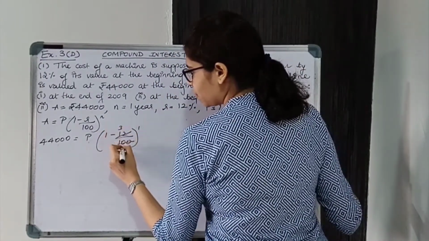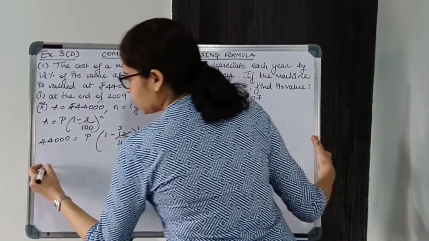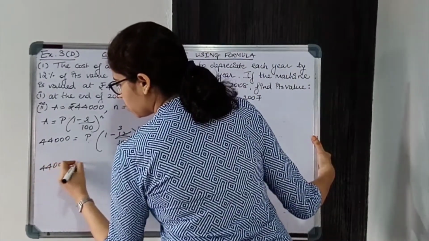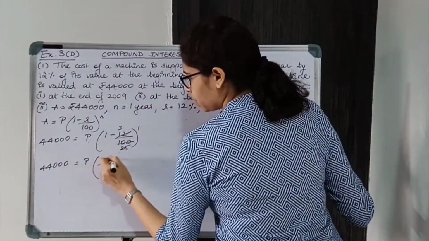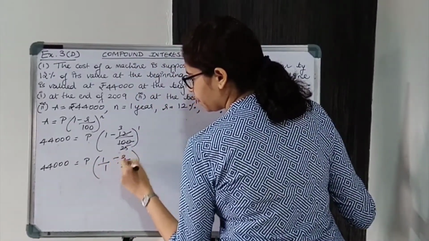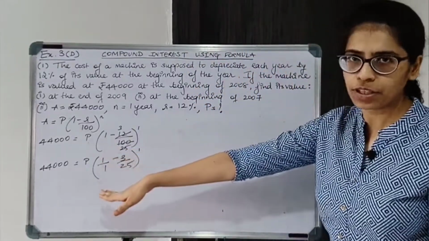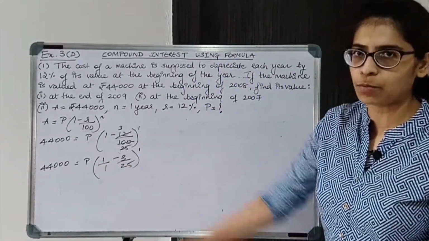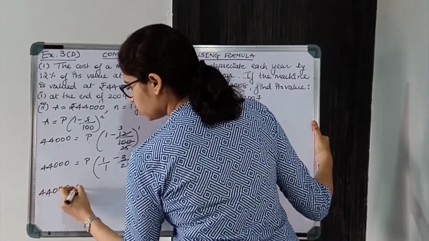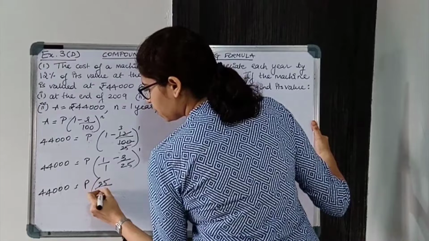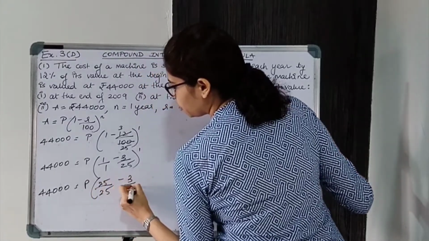4 3s are 12, 4 25s are 100. So we get 44,000 is equal to P into 1 minus 3 upon 25. Okay, that is basically we'll take LCM over here, that is why I've written this as 1 upon 1. So this will be 25 upon 25 minus 3 upon 25 raised to 1.